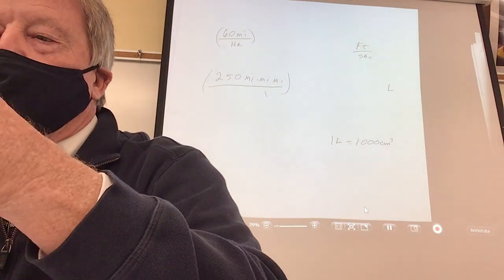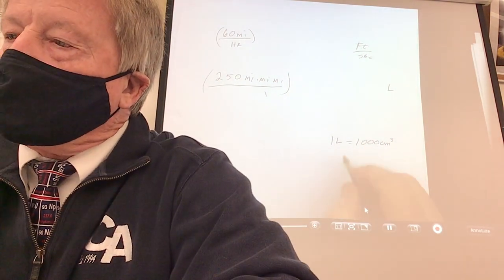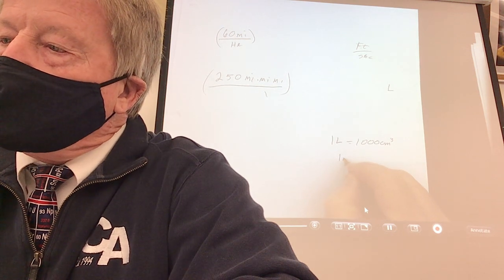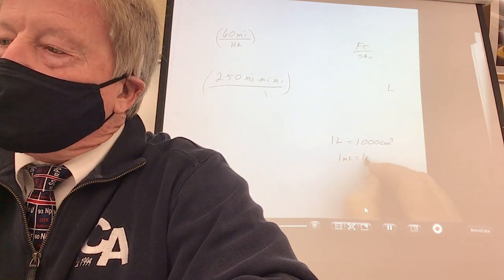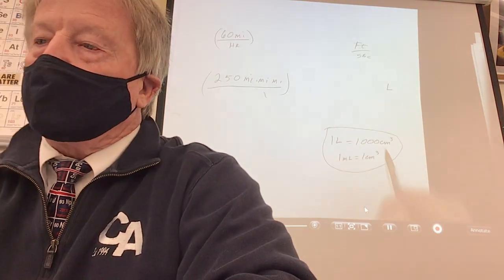And here's a cubic centimeter right here. See this little cube? Each one of those little cubes is a cubic centimeter. This box, 1 liter is 1,000 cubic centimeters, and one more time, 1 milliliter equals 1 cubic centimeter. Those are the two that I would use for volume.